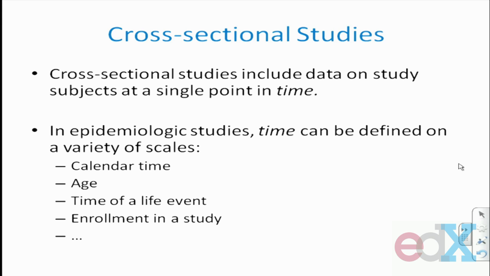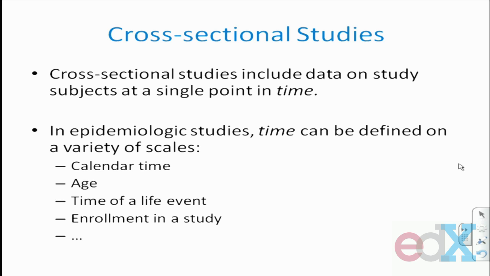Another common time scale that's used in epidemiologic studies are times of a life event. For example, what is the prevalence of cancer at the time of death? If we were to look at autopsy studies, we have a particular point in time in a life course. Another example would be looking at a cross-sectional look at all of the data in a study, let's say a randomized trial, and we look at the data at the time the patient or the subject enrolled in the study.